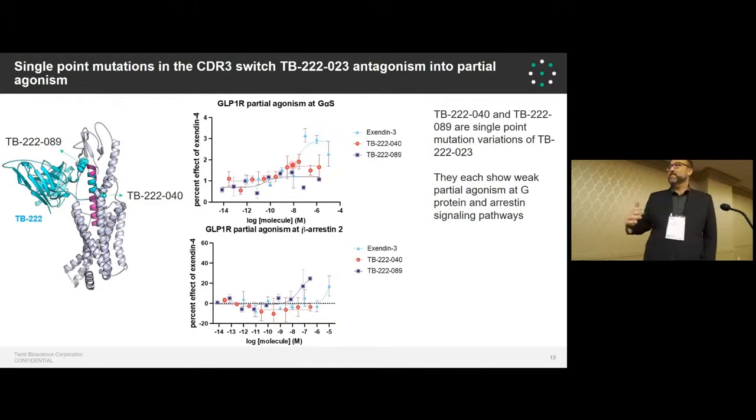Basically, these change from being antagonists to very weak partial agonists. And actually, exendin 3 is also a weak antagonist and also a weak partial agonist as well. So it's really cool that you can activate the receptor by just pushing on that N-terminal domain with these different mutations. Okay.